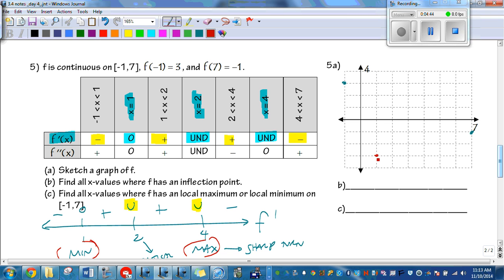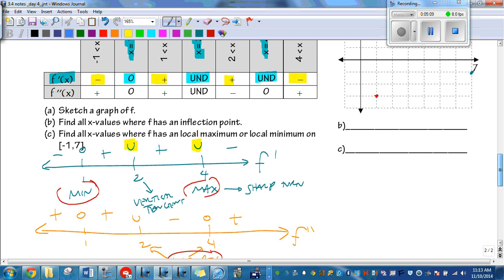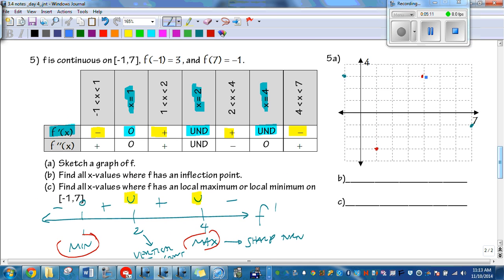Then we have a maximum at x equals 4. Well, that point has to be higher than this one and this one. It has to be somewhere higher than those 2 points. So at x equals 4, again, I can put it anywhere as long as it's higher than that. So I'm just going to put it up here. Again, it's up to you. You can move it to a different point if you wanted to. Next, I'm going to go ahead and plot our inflection points. So we had inflection points at 2 and 4. Well, 4 is already plotted.